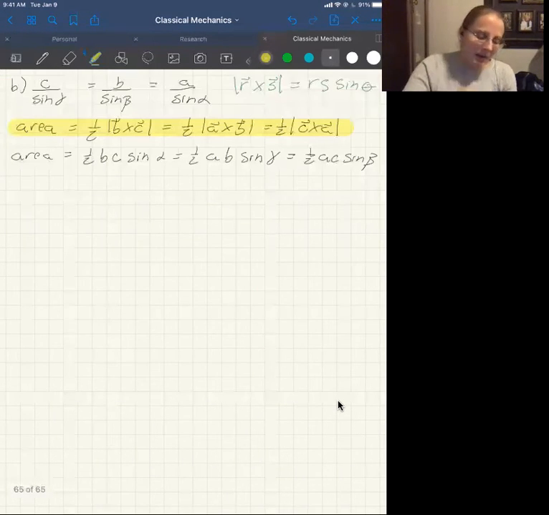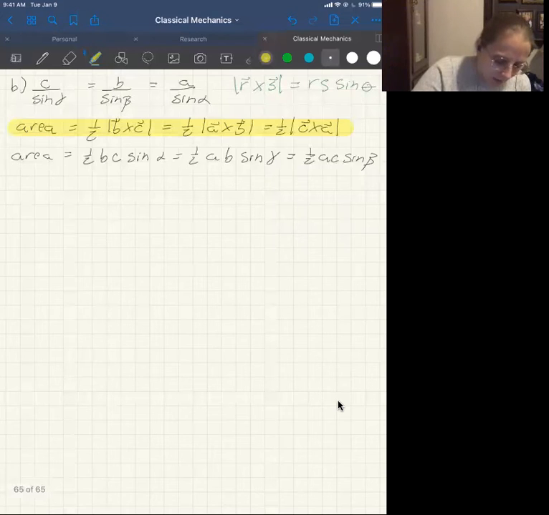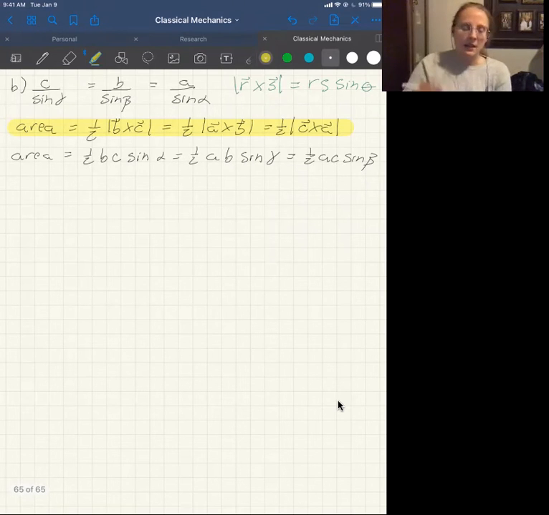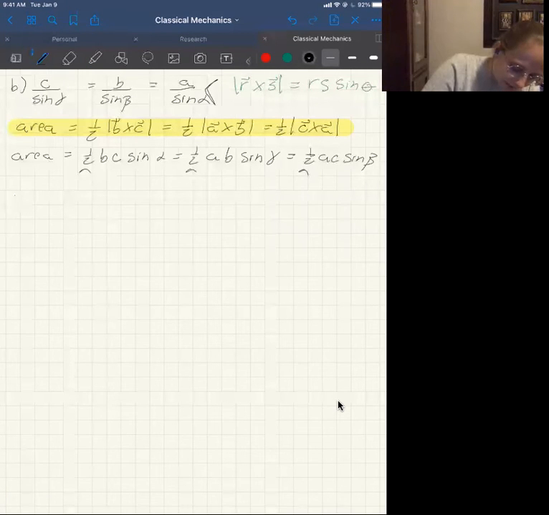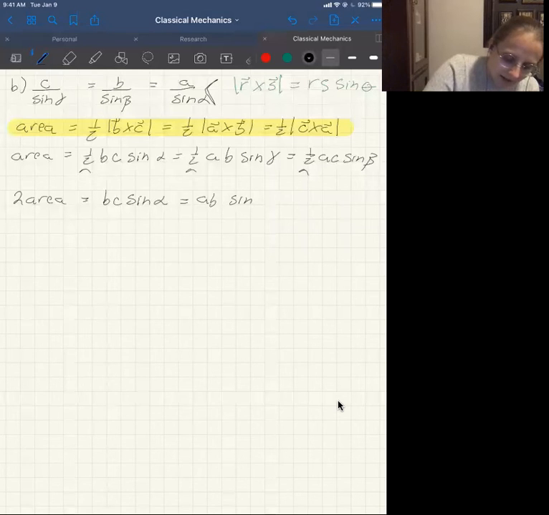All right, so now I have 1/2 in my equation, but the one I want to prove does not have any 1/2, so I want to get rid of that. I'm simply going to multiply every term in this equation by 2. So that'll give me 2 times the area is equal to BC sine of alpha, which is equal to AB sine of gamma, which is equal to AC sine of beta.